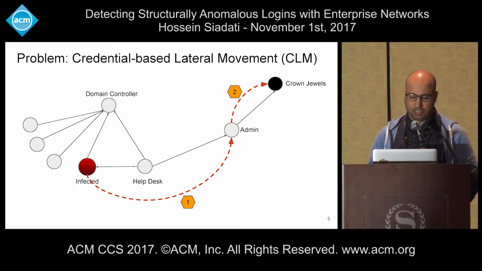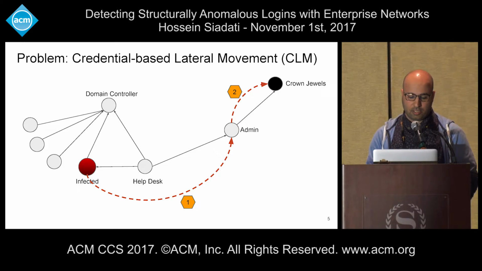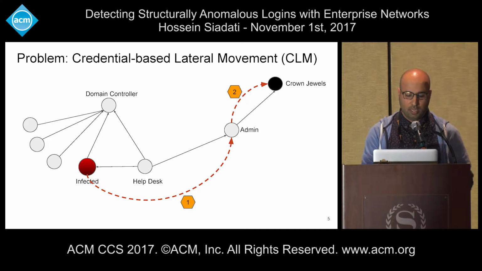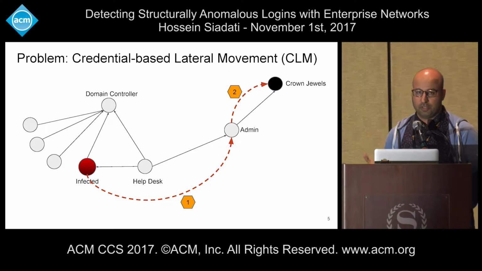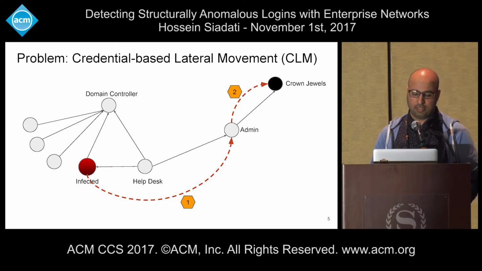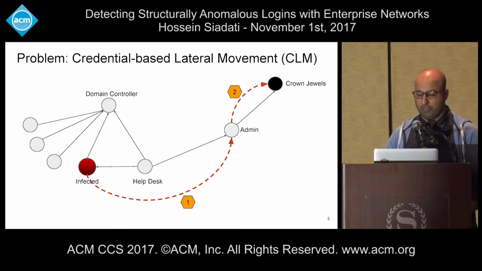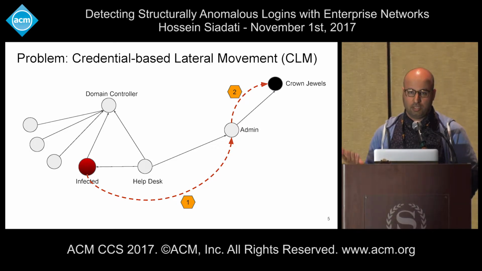In one of the cases, for example, the attacker may start slowing down this machine so as to get the attention of a help desk admin. As the help desk admin logs into the infected machine, the attacker can use tools such as Mimikatz to read the areas in memory where the password is located as the help desk admin enters the infected machine. Then the attacker uses the stolen credential to log in from the infected machine to other machines, including this machine, which is an admin's machine.